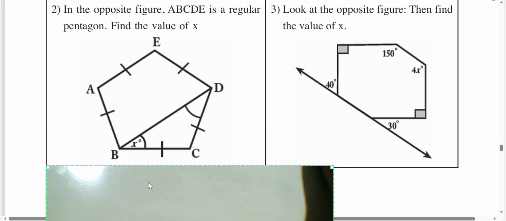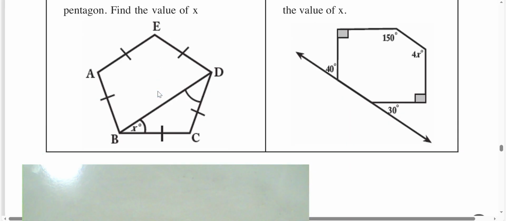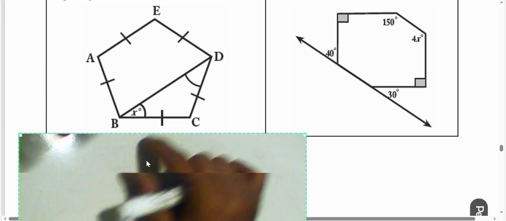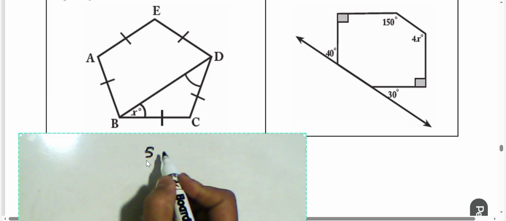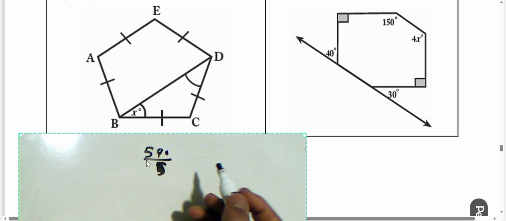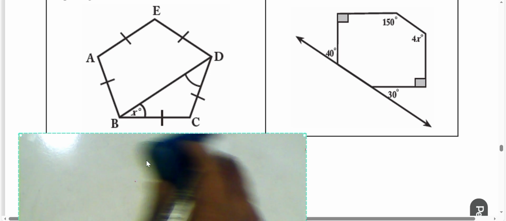Now we want to find the measure of angle X. We have a regular pentagon. The sum of interior angles of the pentagon is 540, so the measure of each angle equals 540 divided by 5. We have five angles, so each angle is 108 degrees.